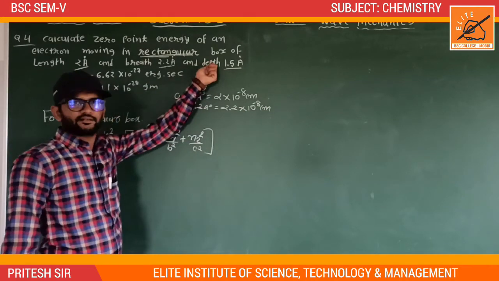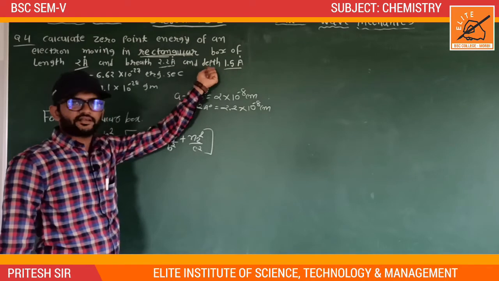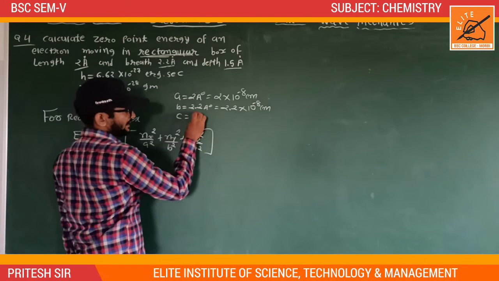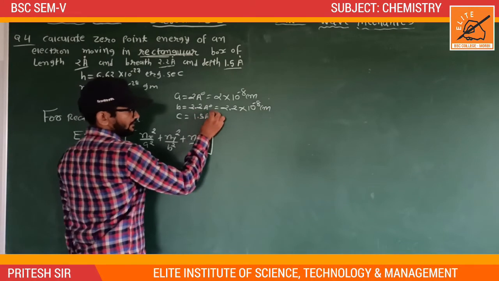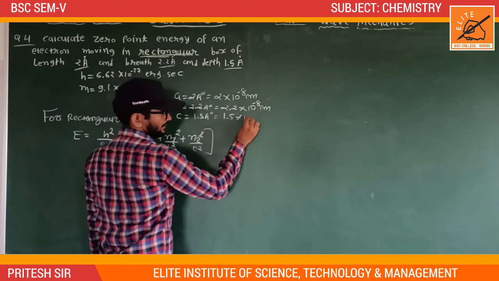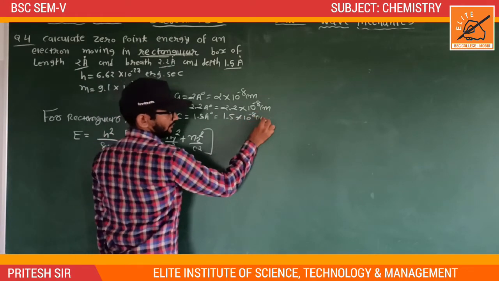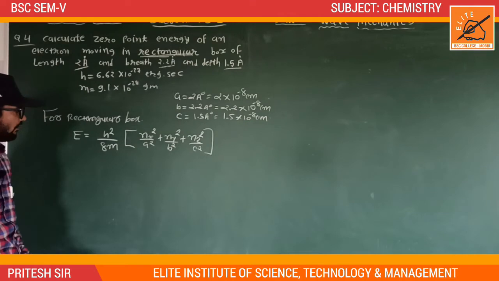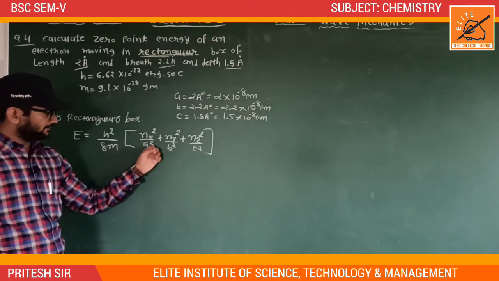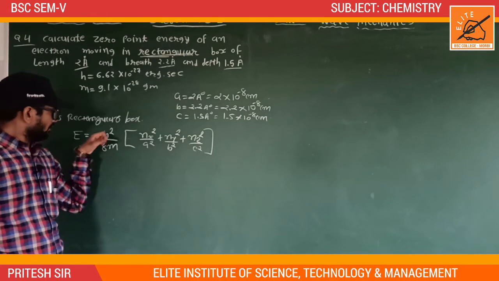Depth means height in a cube or any rectangular 3D box. c is equal to 1.5 angstrom, which is equal to 1.5 into 10 to the power minus 8 centimeter. Okay, so put the values of h, m, nx, ny, nz, and small a, b, c in the energy equation.